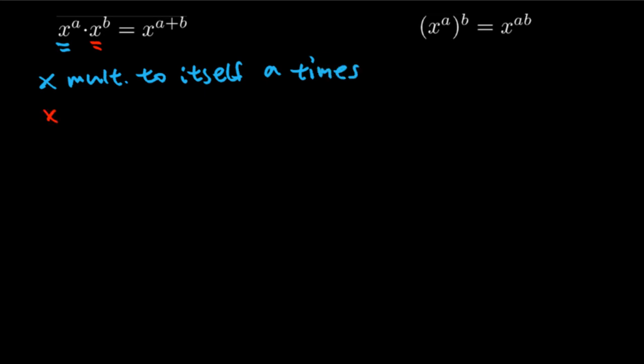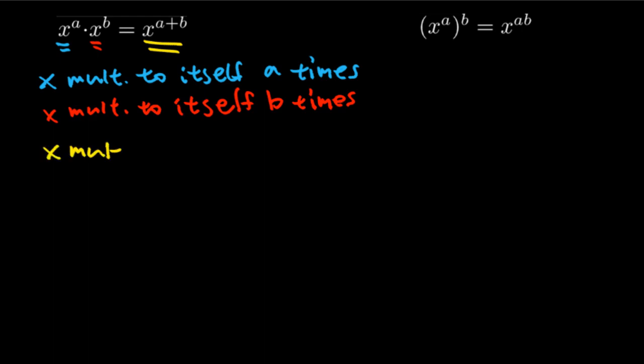And then the red part would be x multiplied to itself b times. So together, it makes sense then that we get x multiplied to itself a plus b times.